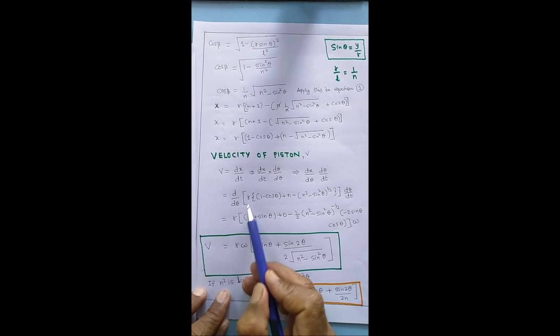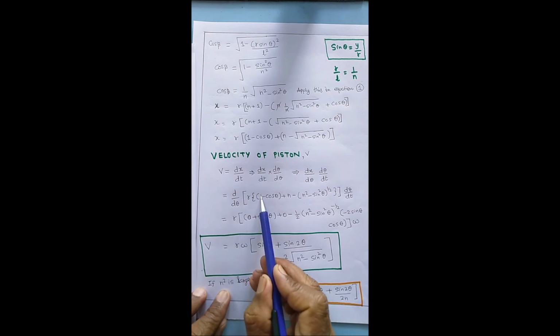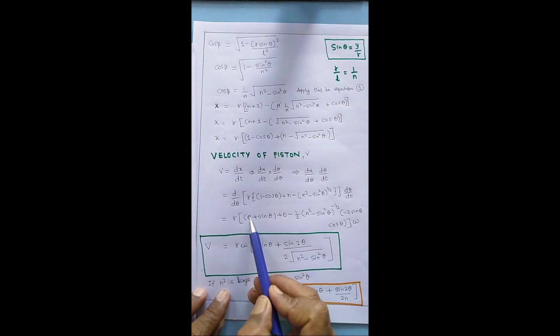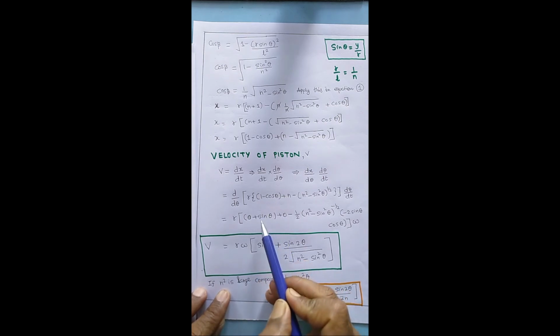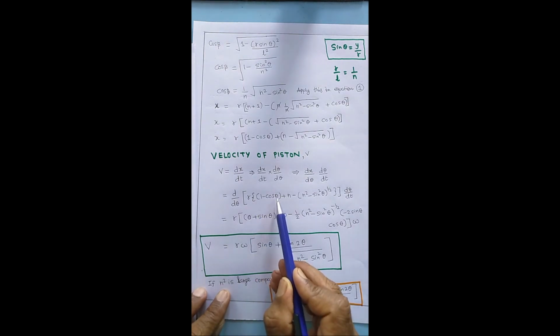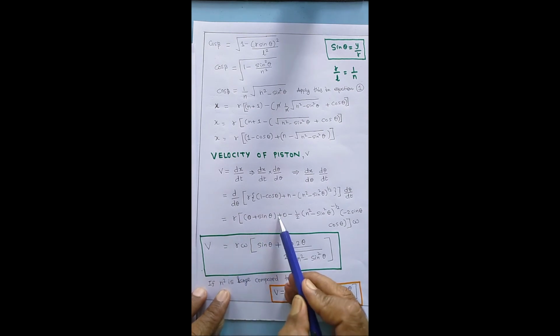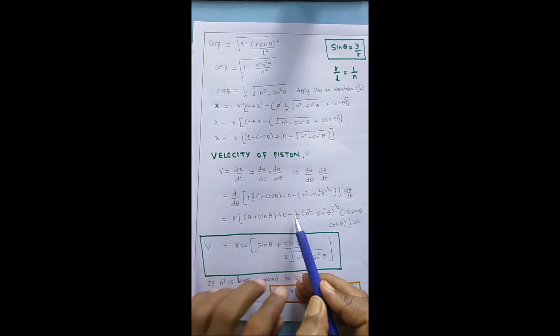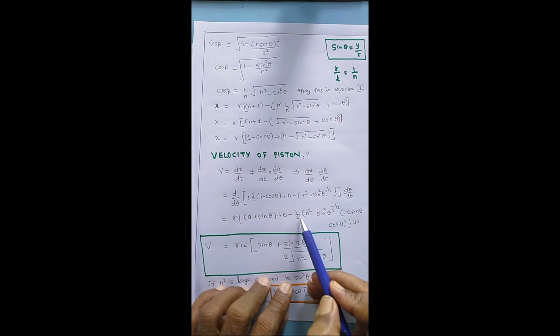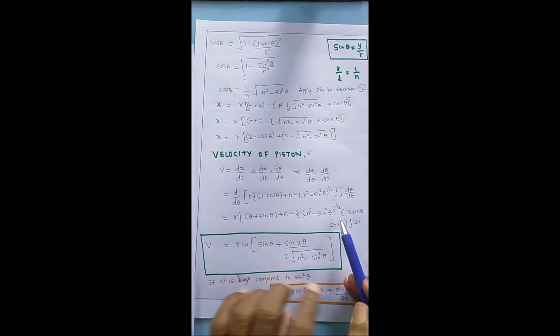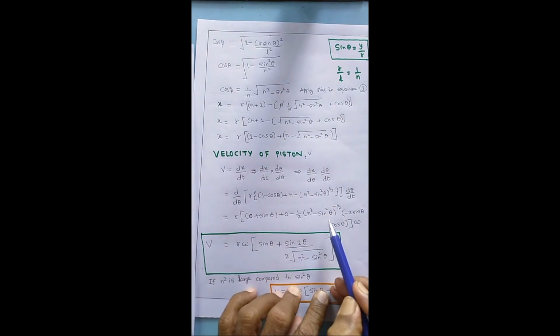So r, you differentiate this term. 1 is a constant, so put 0, and for minus cos theta it will be plus sin theta. Plus n into 0 minus half into (n squared minus sin squared theta) whole power minus half, then you derive the inside, minus 2 sin theta cos theta.